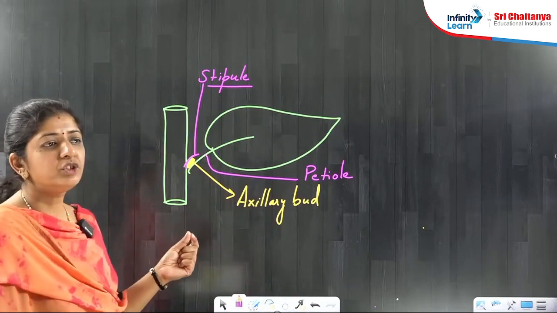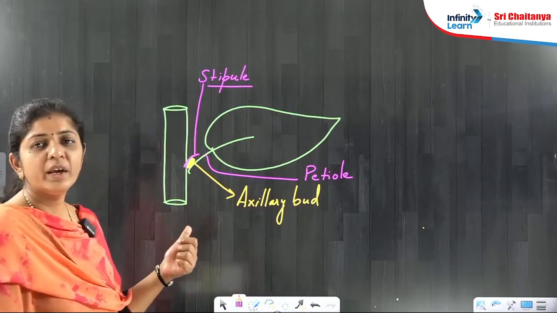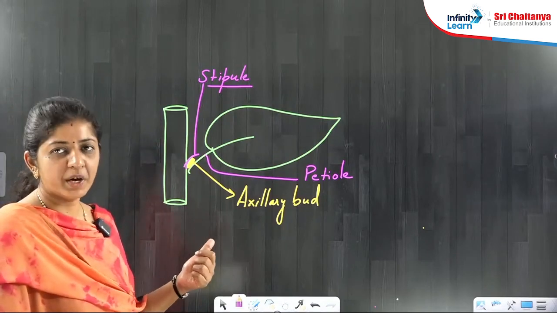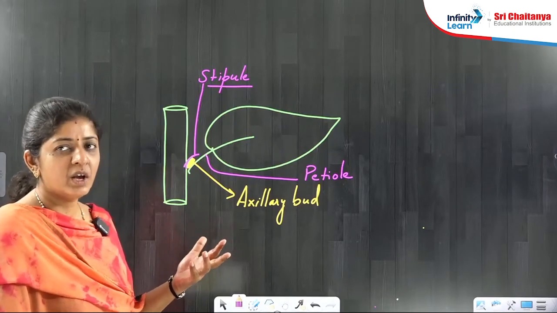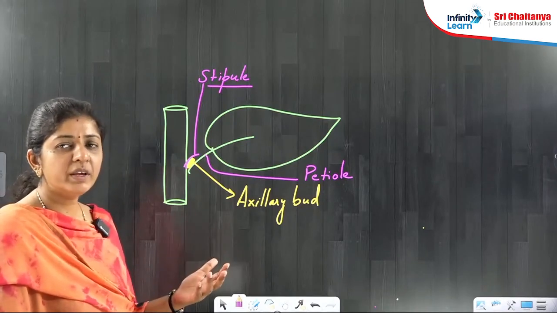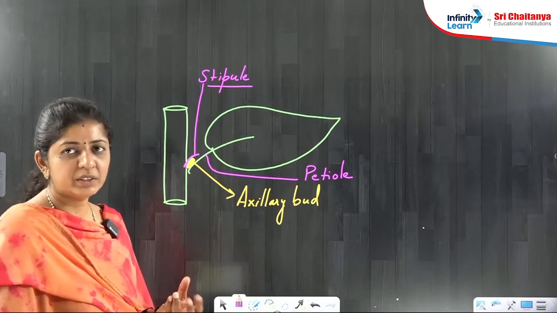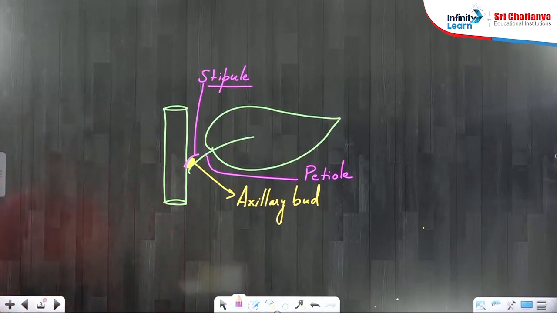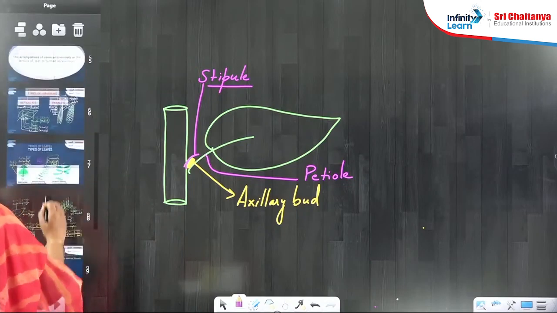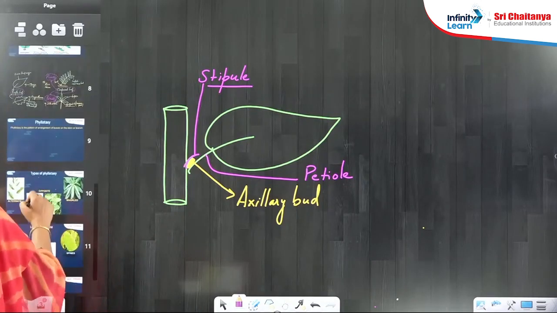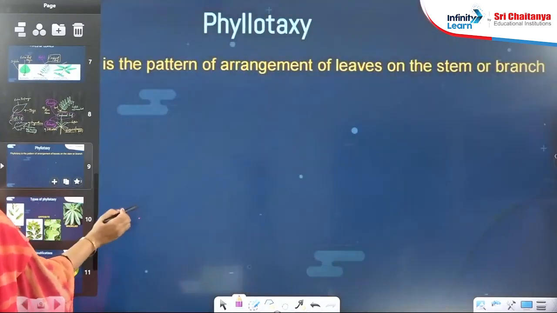But what is the function of this stipule? It will protect the axillary bud, right? Even in the case of the parts of leaf, it even helps the protection of the leaf base, right? Okay, so now coming to the next topic of discussion for the leaf, that is phyllotaxy.